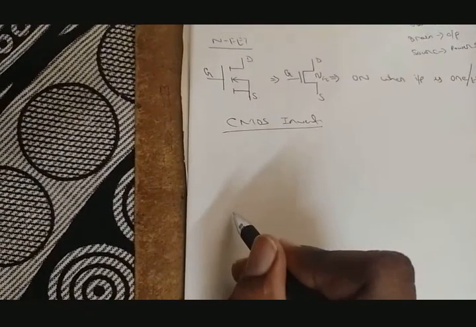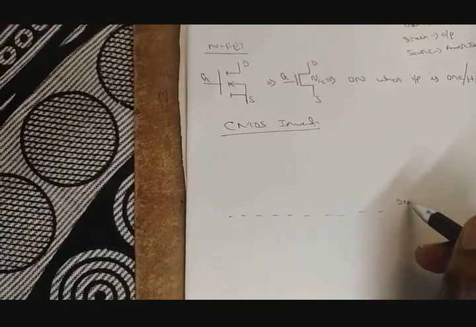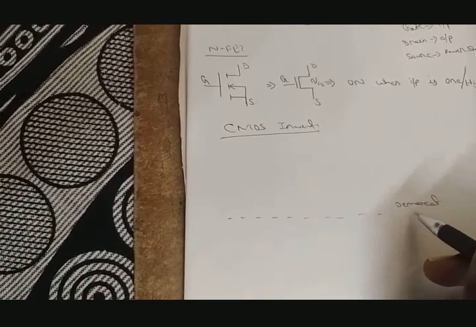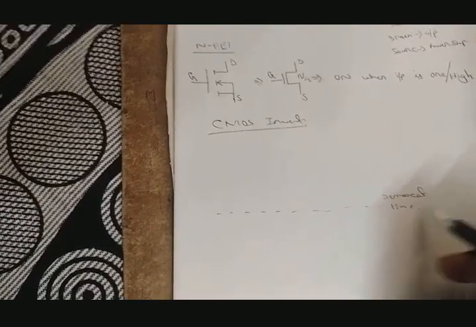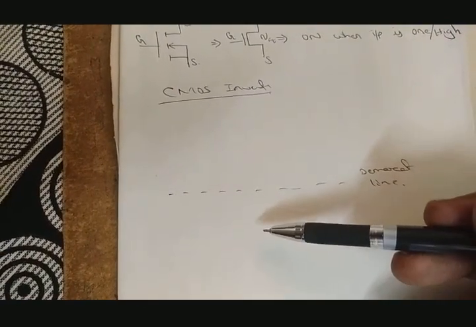Always for an inverter, or any of the CMOS circuits, first we have a demarcation line. The demarcation line defines where the PFET should be placed and where the NFET should be placed.